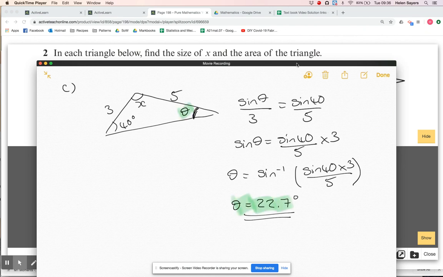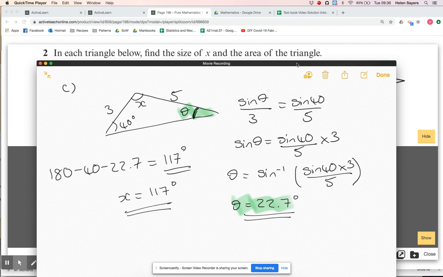So that is that angle there, but then I can just do 180 minus 40 minus 22.7, and that's going to give me angle X. So angle X of 117. Well, I want it to be three significant figures, so 117 is fine. Okay, and let's just be really clear that is my answer for angle X.